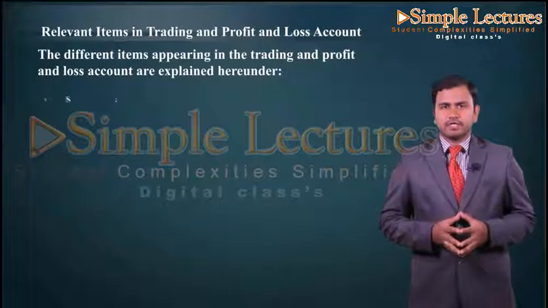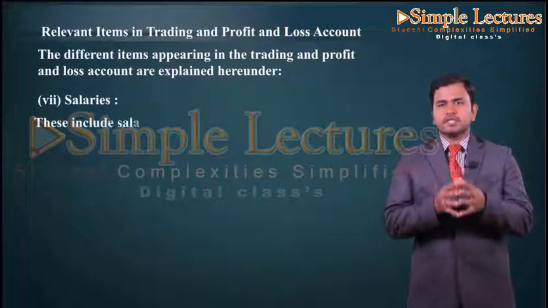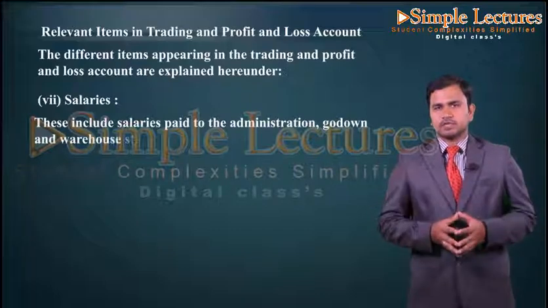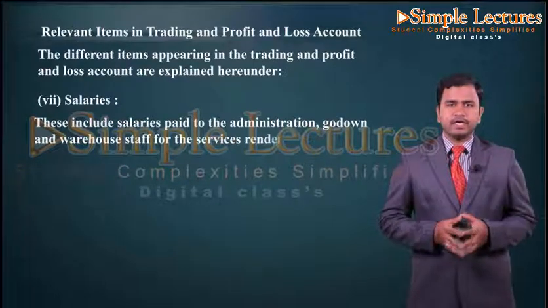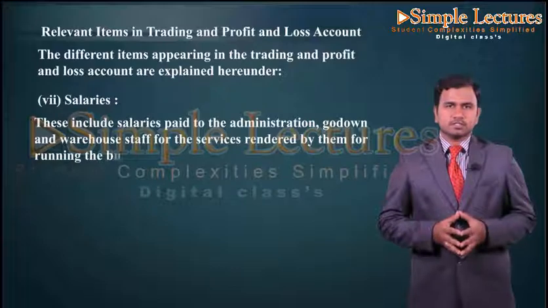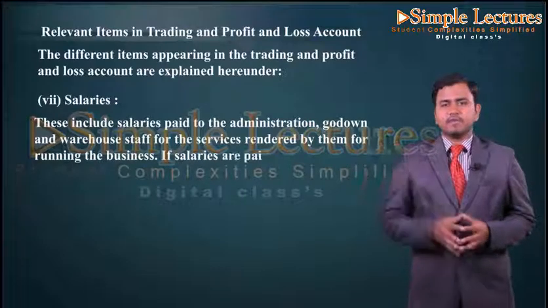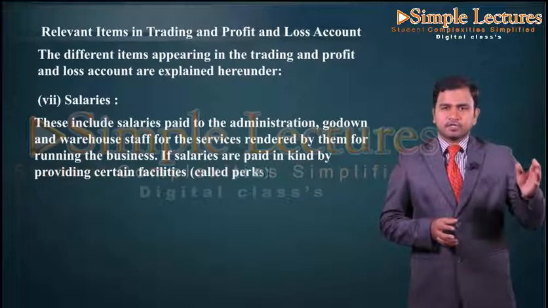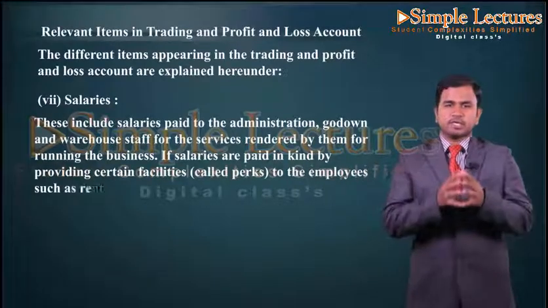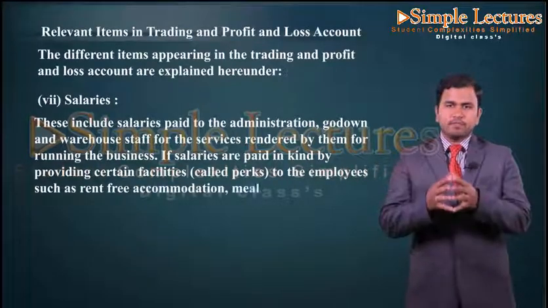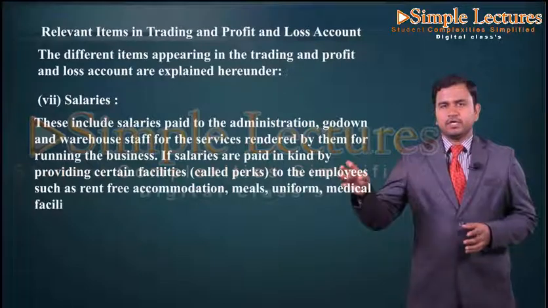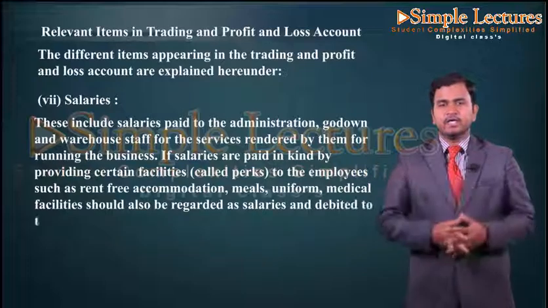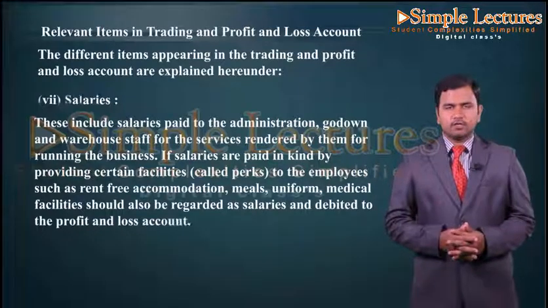Then we have salaries. These include salaries paid to the administration, godown and warehouse staff for the services rendered by them for running the business. If salaries are paid in kind by providing certain facilities called perks to the employees, such as rent-free accommodation, meals, uniform and medical facilities, these should also be regarded as salary and debited to the profit and loss account.